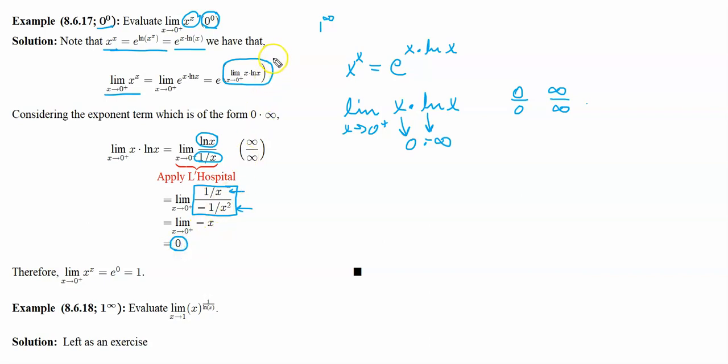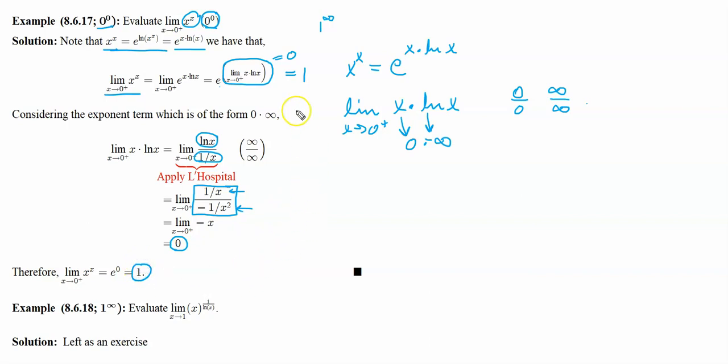That's the limit of the exponent up here. And so we see that the limit of x to the x power as x approaches 0 from the right is e to the 0, which is 1. And there you go. That's our answer.